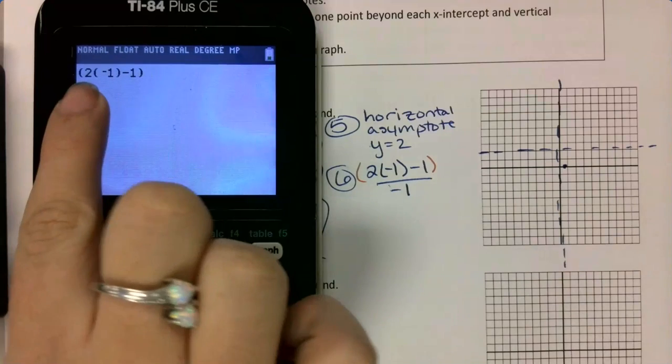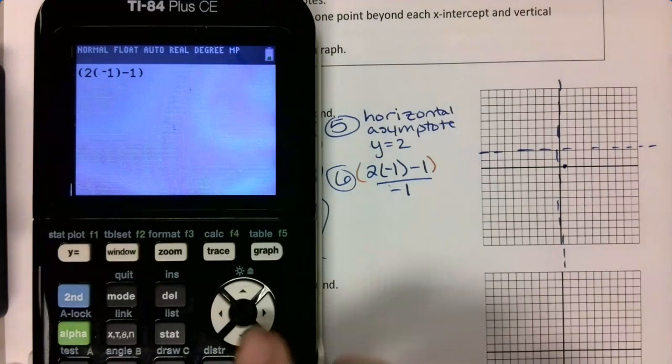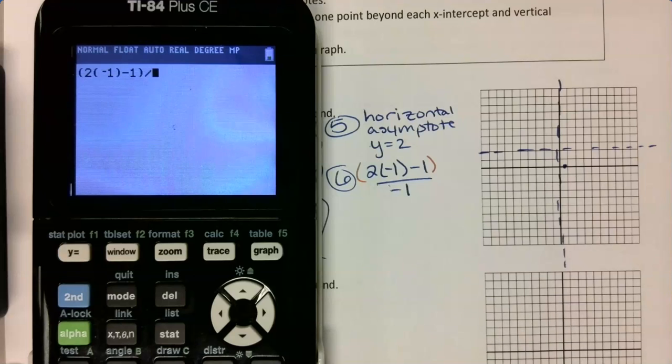The negative with the 1 is the negative at the bottom of the calculator, and then I divide by -1. Okay, so this gets me 3.